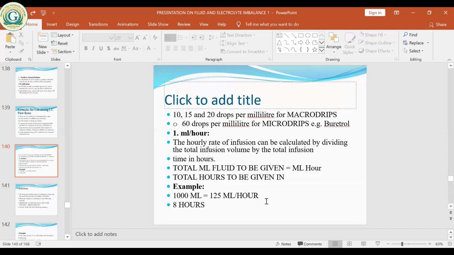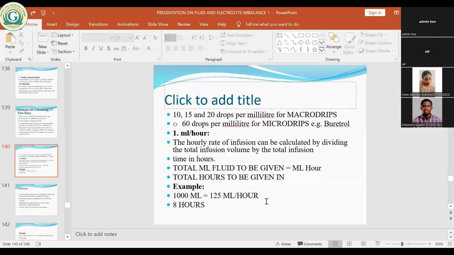So always when you are given an infusion, look at the amount in mils, and not in liters or any other unit. In questions, you may have some where the amount will be in liters or in cc.